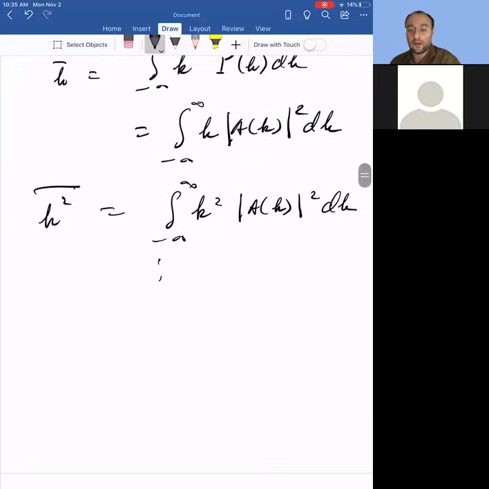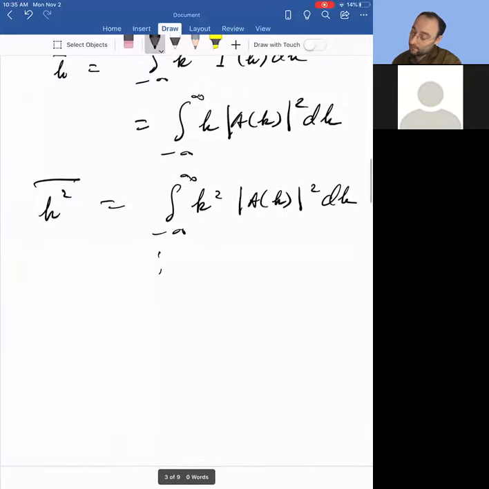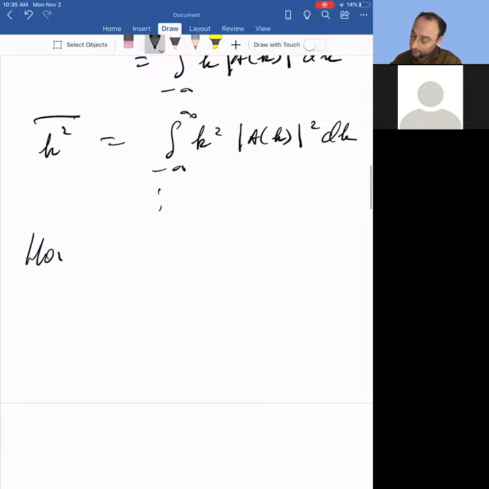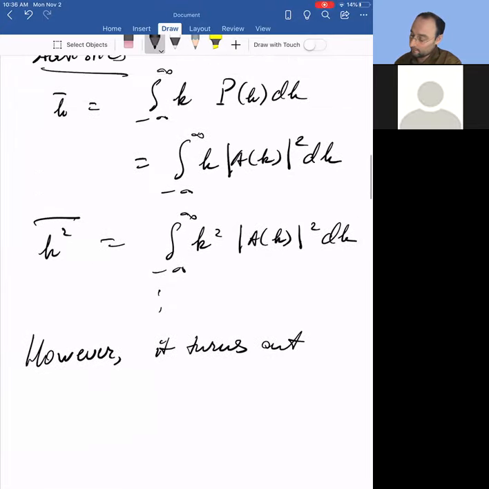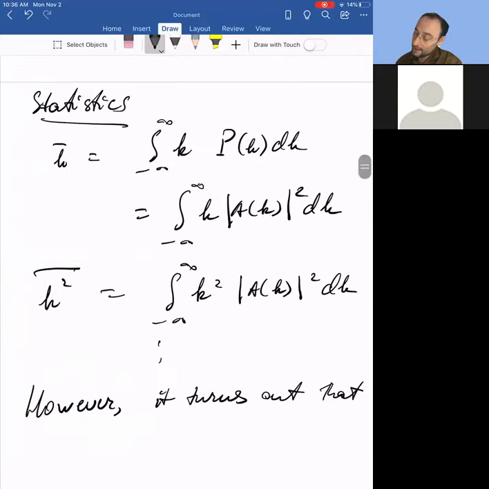These are difficult integrals. Most of you don't know how to compute these integrals. However, it turns out that, oh, by the way, so yeah, this is the average k. To get the average momentum, you just multiply it by h bar.